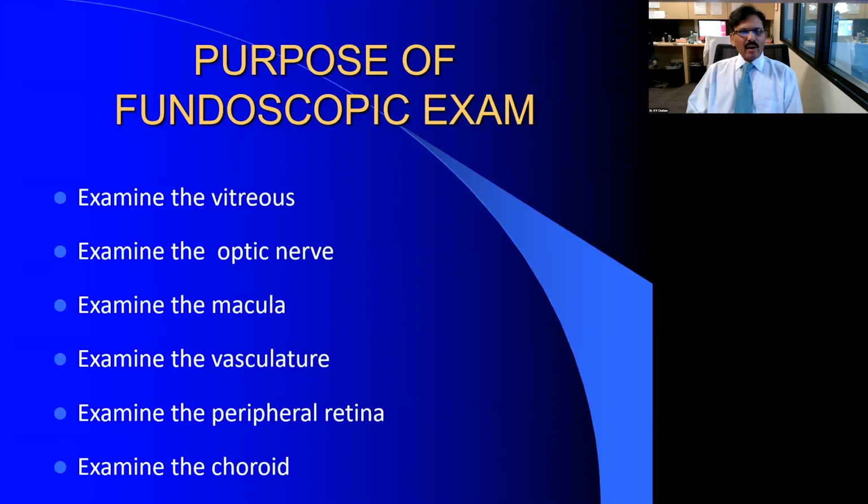We want to examine the optic nerve, including its elevation, discrete margins. We want to check the macula. We want to check the vasculature and the peripheral retina and the choroid in a 360-degree fashion. Those are the components we want to get a glimpse of, so that we can both diagnose and implement the treatment strategies, including laser and other modalities.